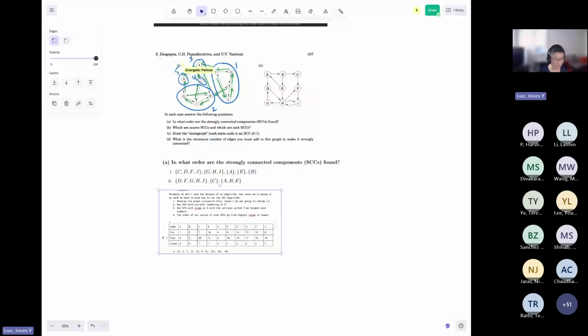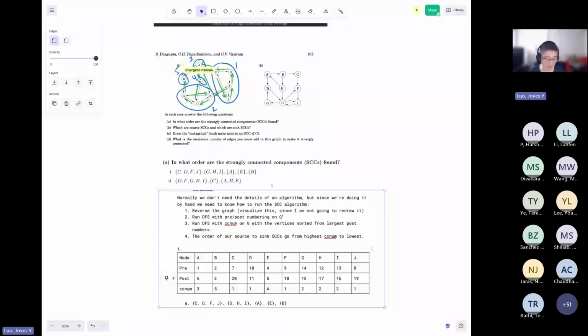So this isn't part of the model solution, but that's what I did. Normally we don't need the details of an algorithm because we're treating them as black boxes, but since we're doing it by hand, we need to know how to run the SCC algorithm. So we first reverse the graph, visualize this since I'm not going to redraw it. And then you run the DFS with pre/post numbering on the reverse. Then we run DFS with CC_num on G with the vertices sorted from largest post numbers. The order of our source to sink SCCs goes from highest CC_num to source.